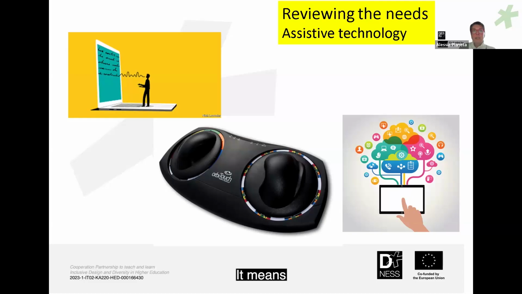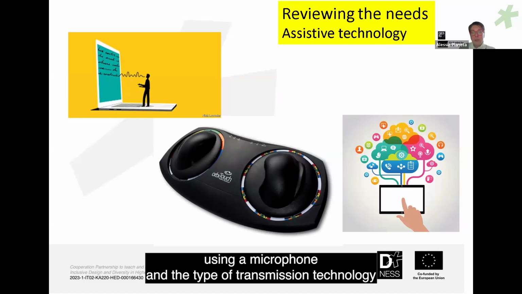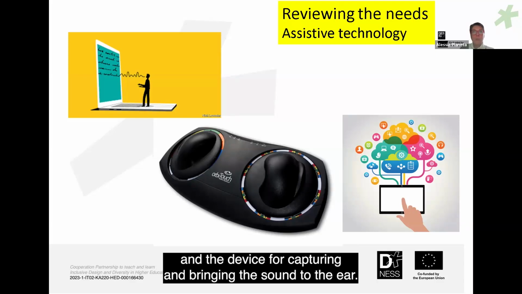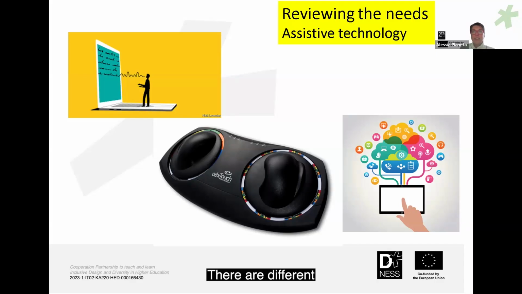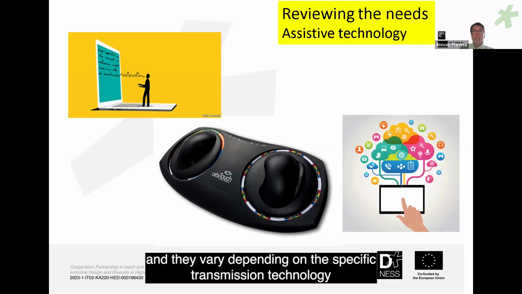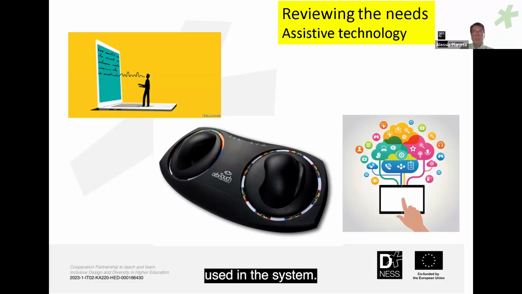It means using a microphone and a type of transmission technology and a device for capturing and bringing the sound to the ear. There are different assistive learning systems, and they vary depending on the specific transmission technology used in the system.